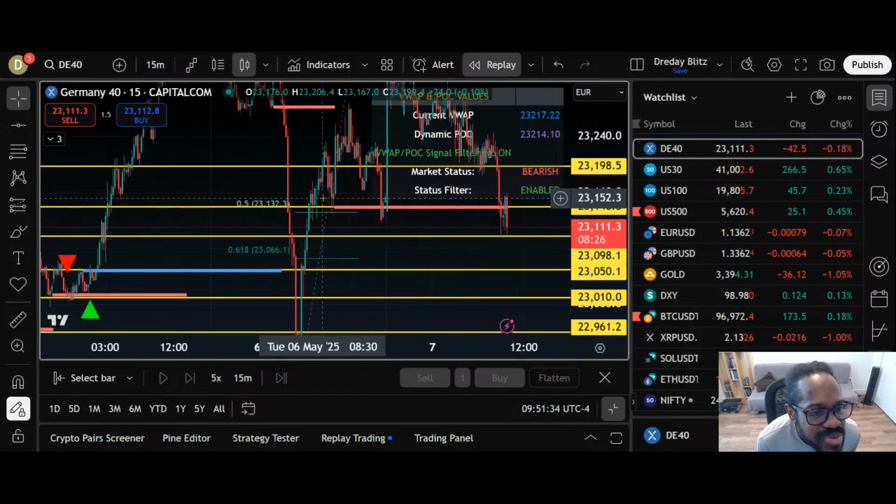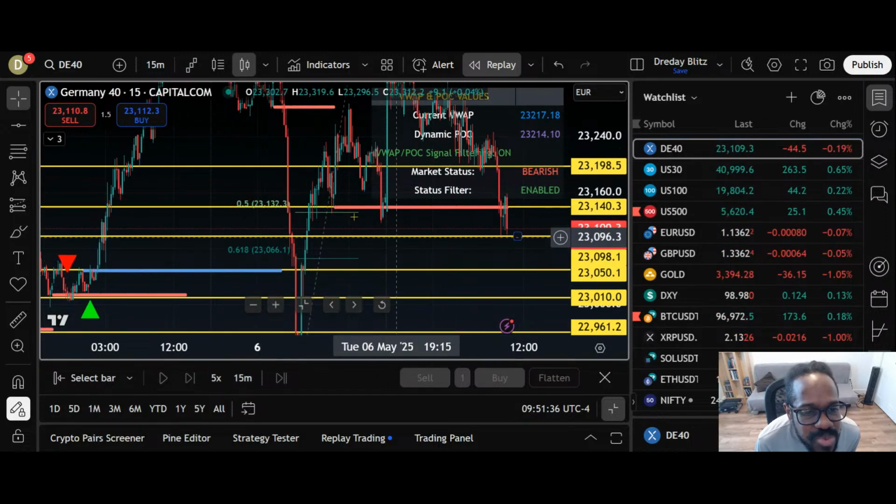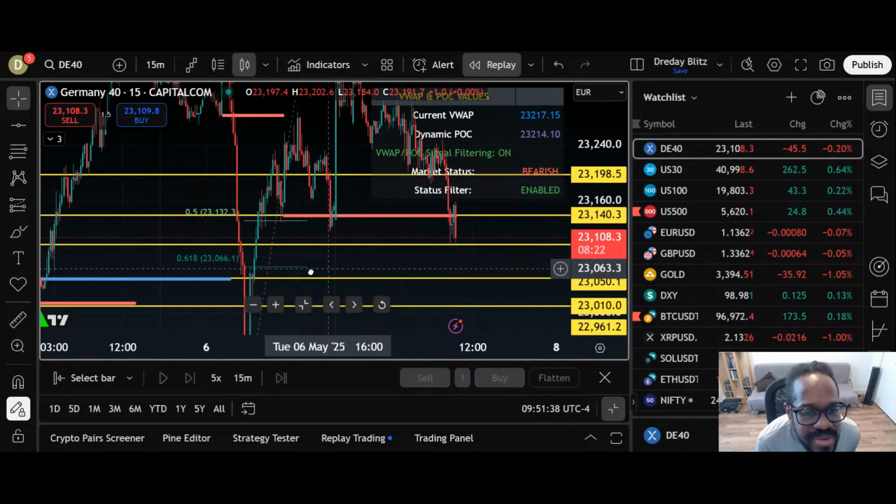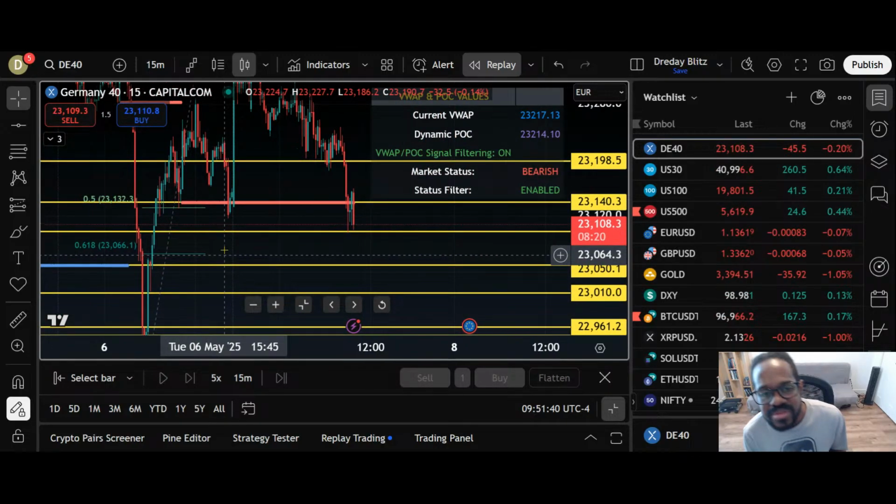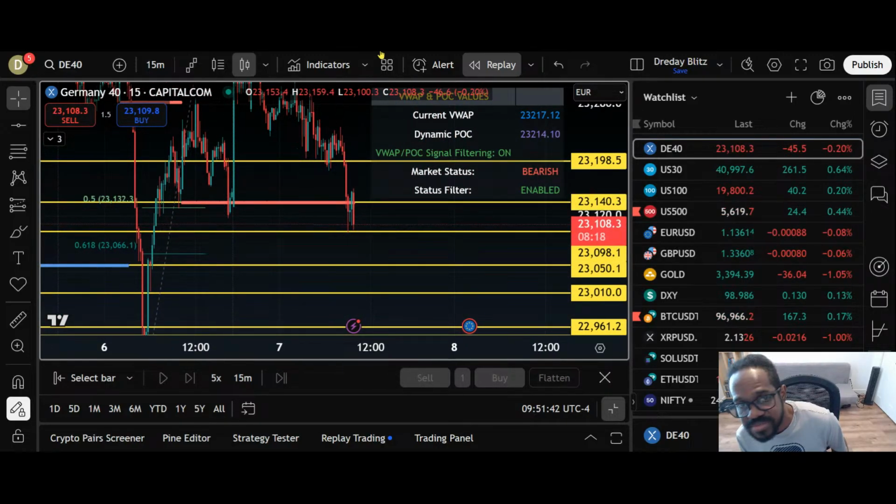So it did go to 61.8, which is right here. So it already passed the 50% retracement.